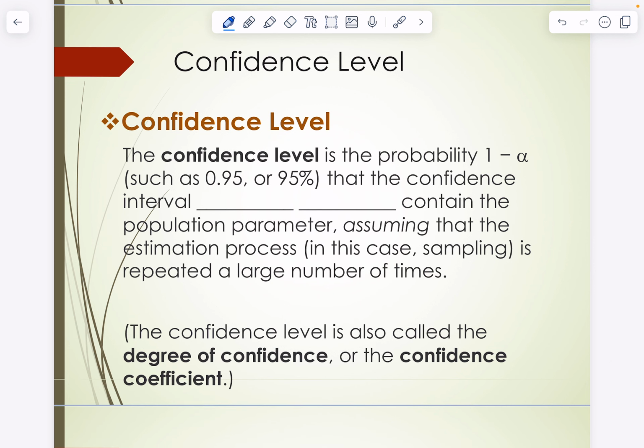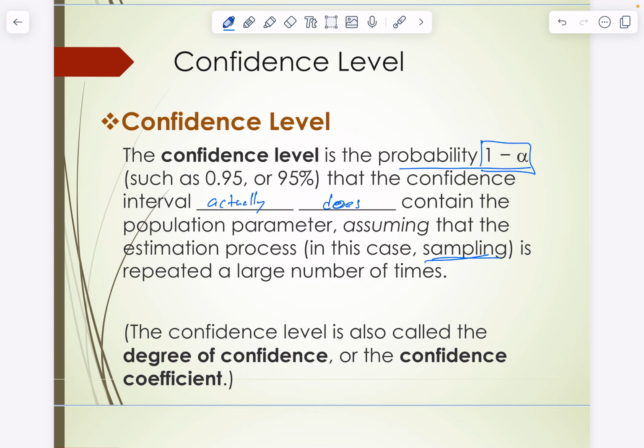Confidence level. The confidence level is the probability, 1 minus alpha, such as 0.95 or 95%, that the confidence interval actually does contain the population parameter, assuming that the estimation process, which in this case is just sampling, is repeated a large number of times.